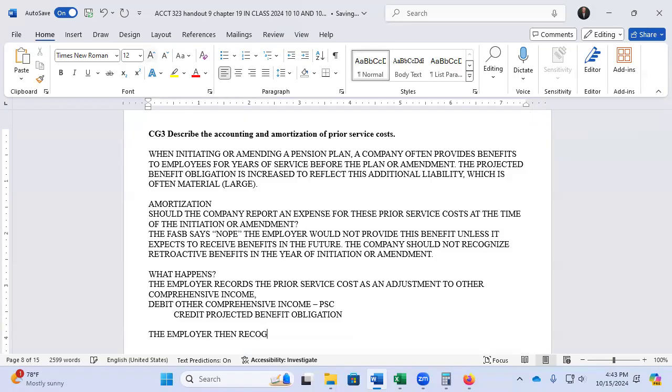Employer then recognizes the expense over the remaining service life of the employees that will benefit.